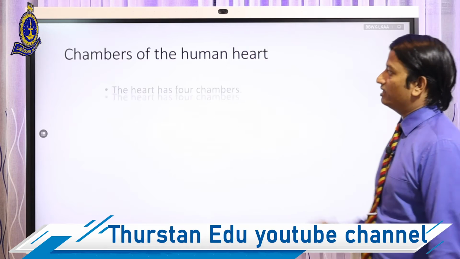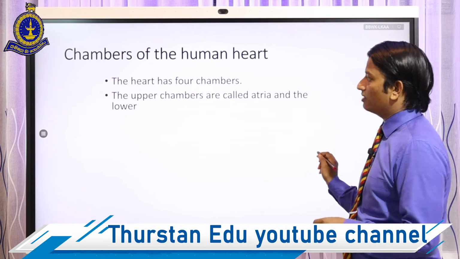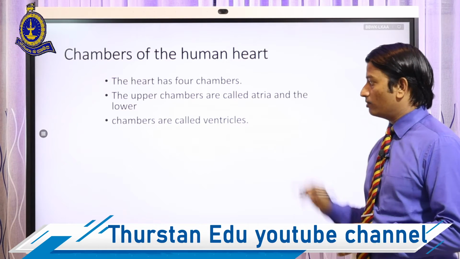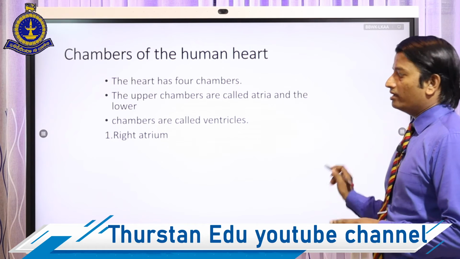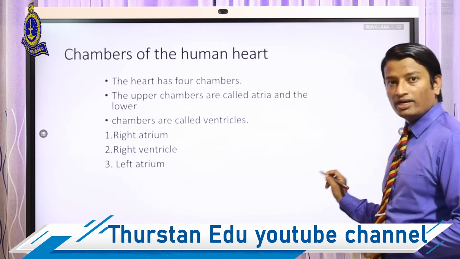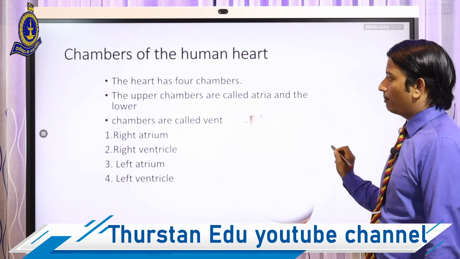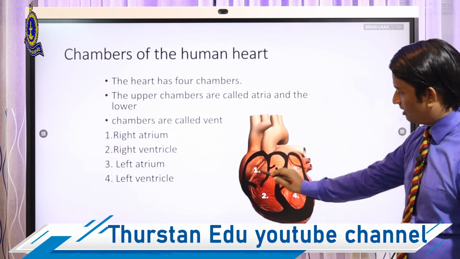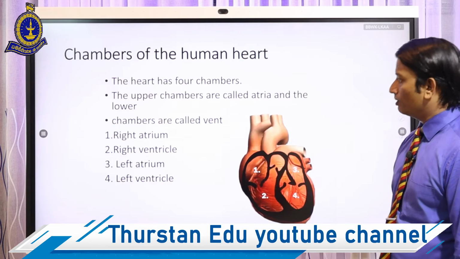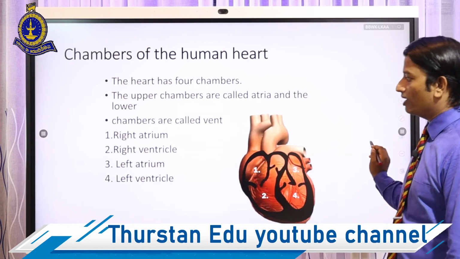Chambers of the heart, as I studied before. The heart has 4 chambers. The upper chambers are called atria and the lower chambers are called ventricles. The 4 chambers are: 1 right atrium, 2 right ventricle, 3 left atrium, and 4 left ventricle.